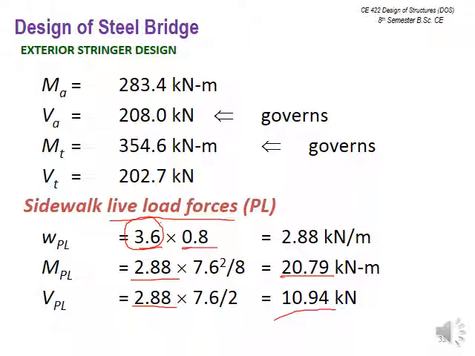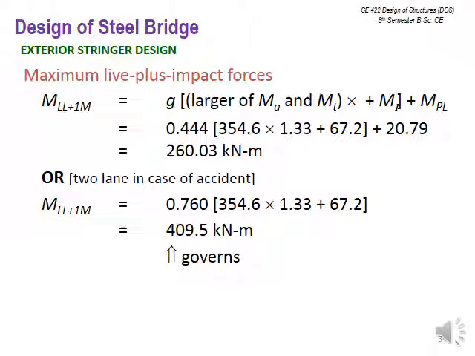Also, this is an additional load you have to consider for the exterior stringer. So finally all of the moments and the shear you have calculated, you can use for this equation. Here only that sidewalk load is additional, the rest is the same.